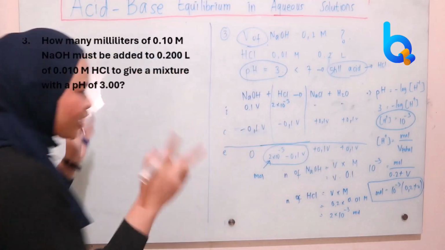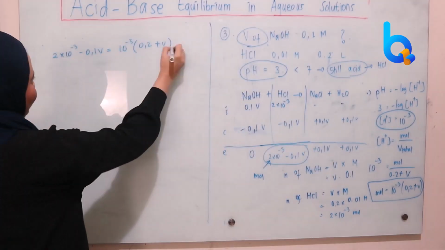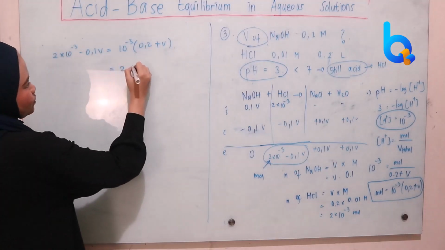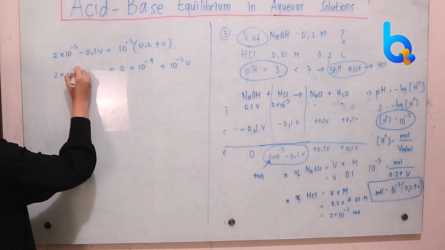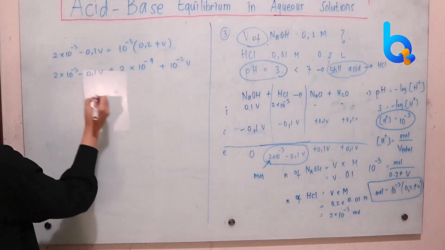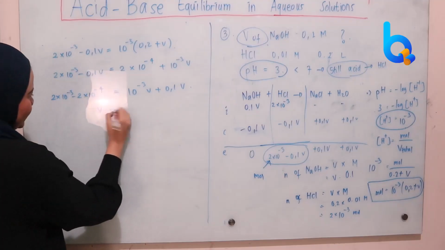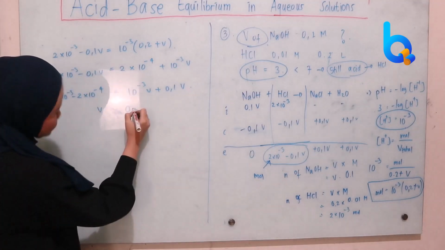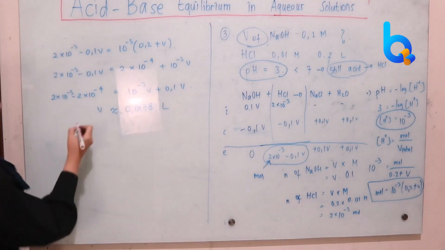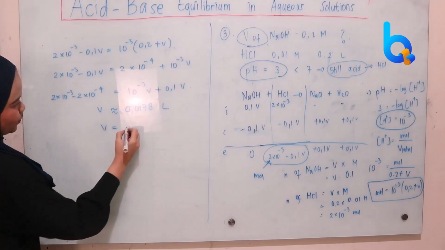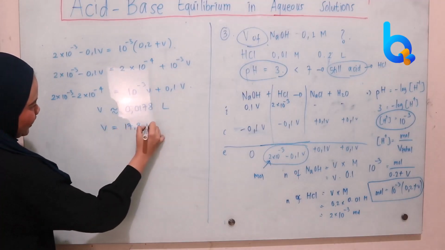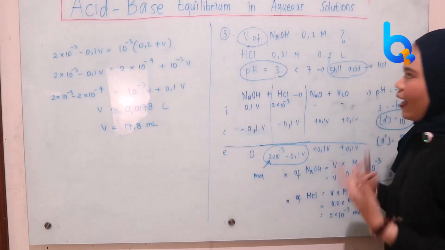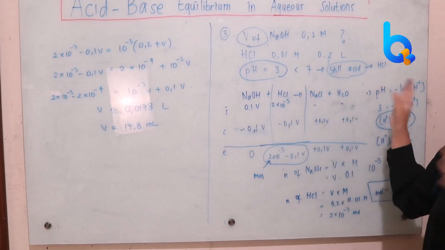We combine two equations and move the terms to get V. So V is just estimated at 0.15 liter. But if we wanted to make it in milliliters, we can go with 17.8 milliliters.